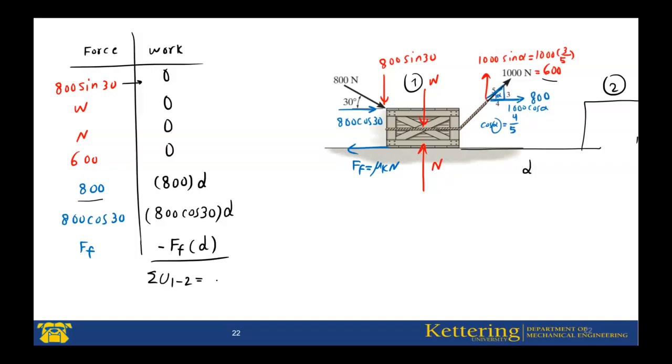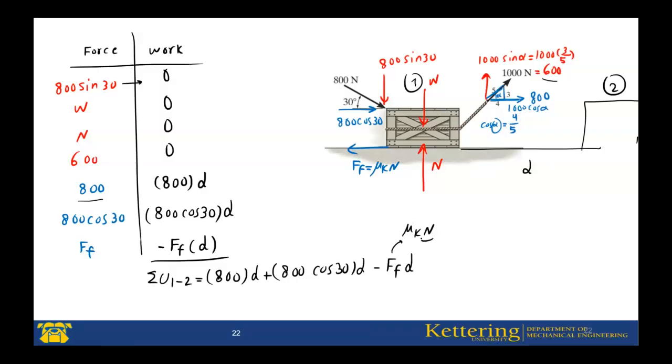The first ones are 0, 0, 0, plus 800 D plus 800 cosine 30 multiplied by D minus frictional force multiplied by D. This frictional force will be mu n, the kinetic coefficient of friction times the normal force.